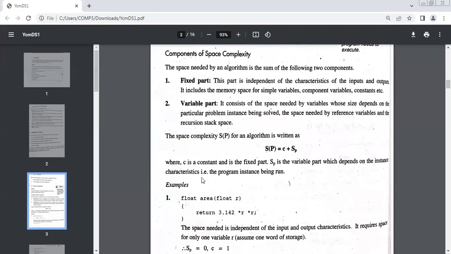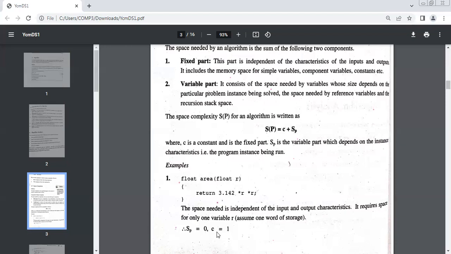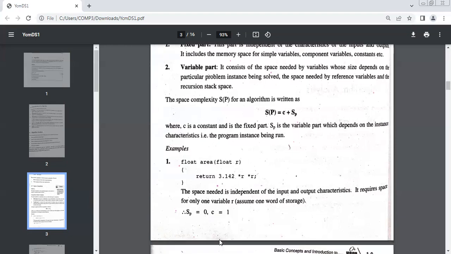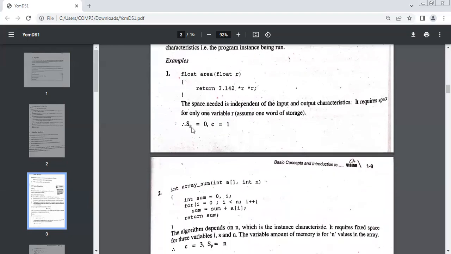In this example, 3.14 is a constant value, meaning fixed part memory requirement, and the variable part does not depend on the input and output. We only depend on this calculation. So here space complexity is S_P plus C, which is equal to 1. So the space complexity for this function is 1.